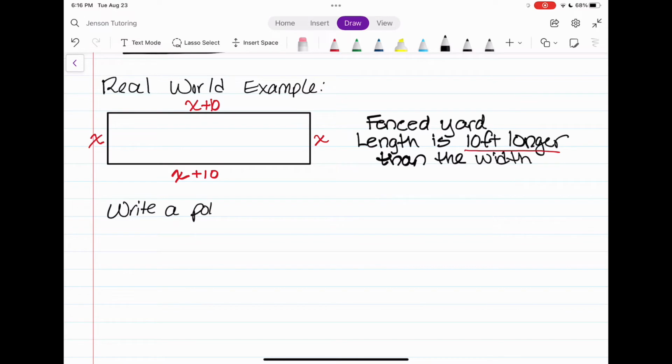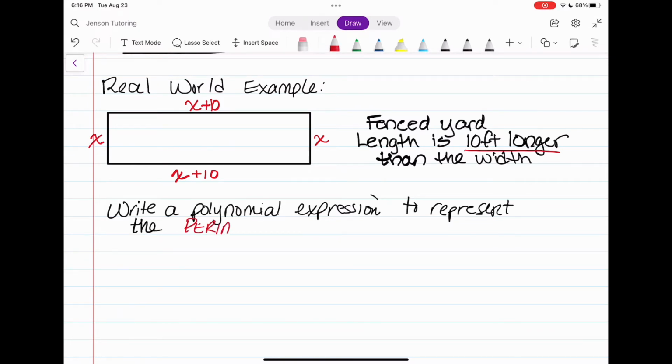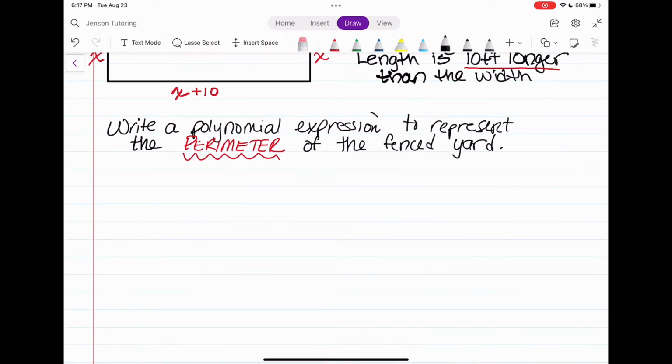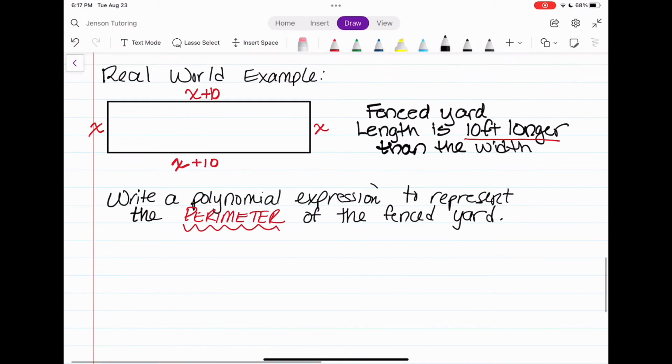And I can go ahead, since it's a rectangle, I can add the width on both sides would be the same, and the length would be the same. And then the question we might be given is write a polynomial expression to represent the perimeter of the fence. So the perimeter, remember, is the distance around the outside.